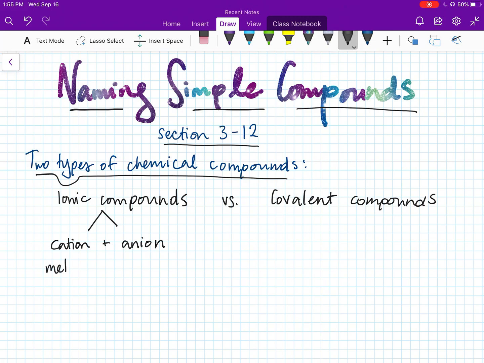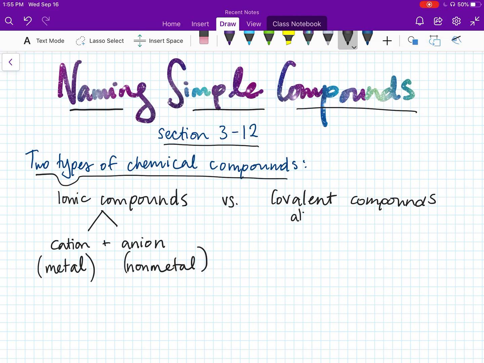Cations are always going to be metals, and anions are going to be nonmetals. So if you see a compound in which you have a metal along with a nonmetal, you know that's going to be an ionic compound.